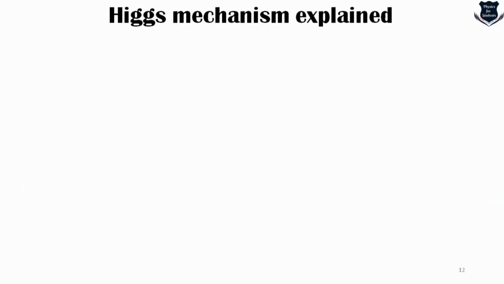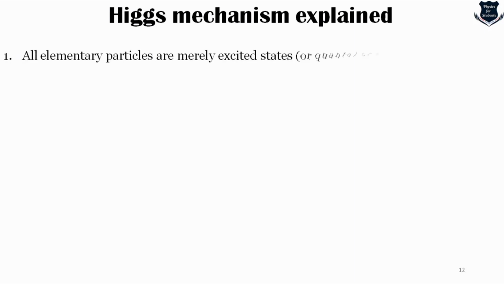To explain what the Higgs mechanism is, I'm going to divide it into different parts. The first part: I will consider that all elementary particles are merely excited states or quanta of some field. I'm sorry that I don't have a proper animation to show it, but just consider a field which is being excited.